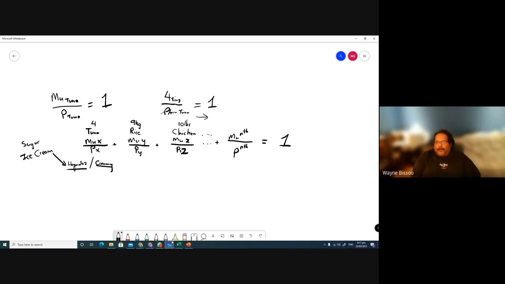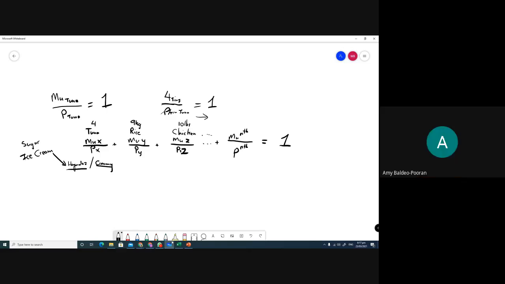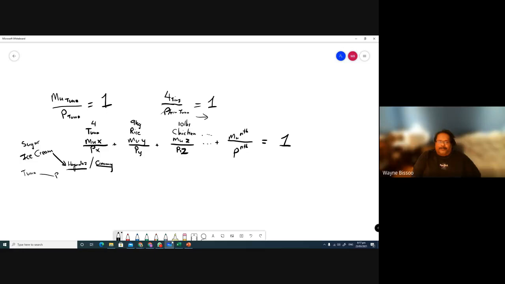How many households here consume tuna? What brand of tuna do you consume? Brunswick. Right. Anybody else? What about Mayflower?